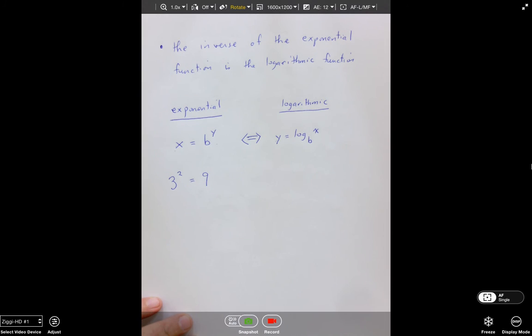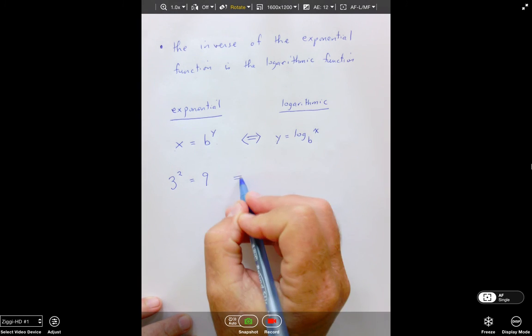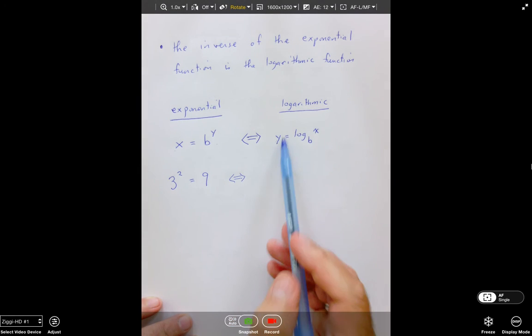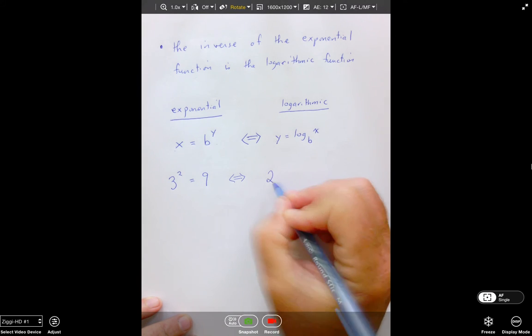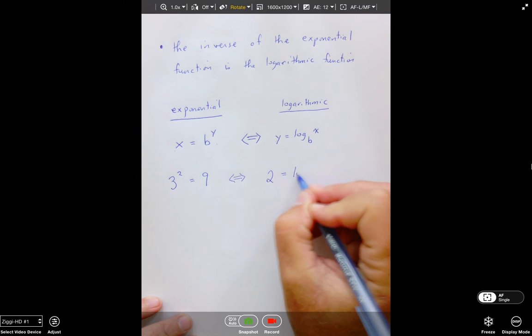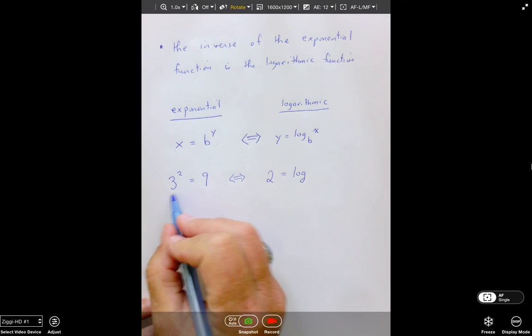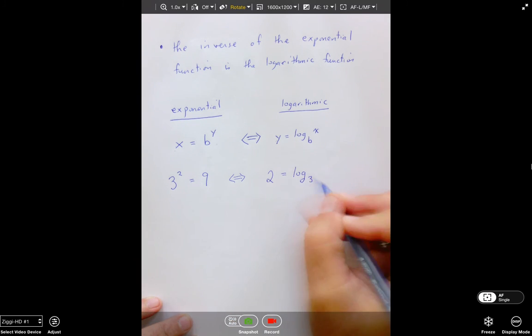Well, we all know that 3 raised to the second power is equal to 9. Well, this is equivalent to saying that the answer is the exponent to log base 3 of 9.